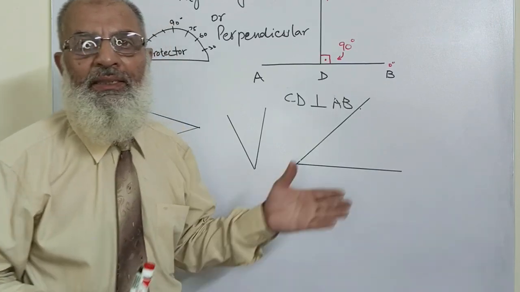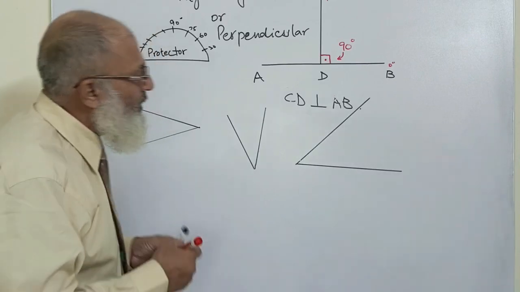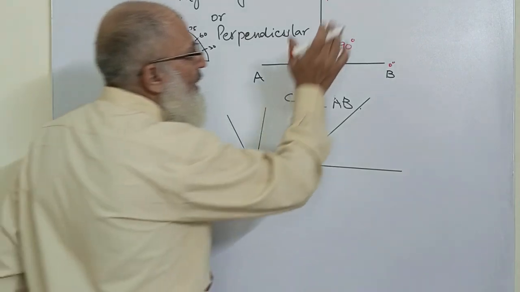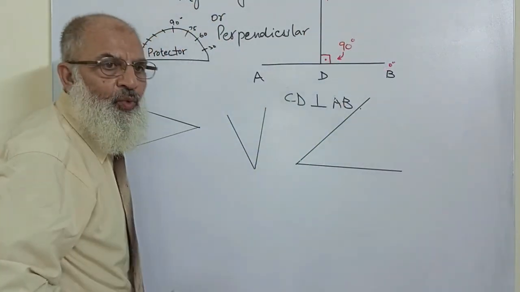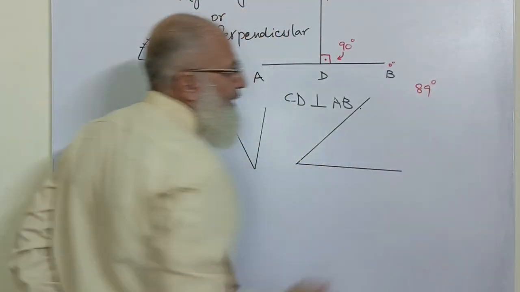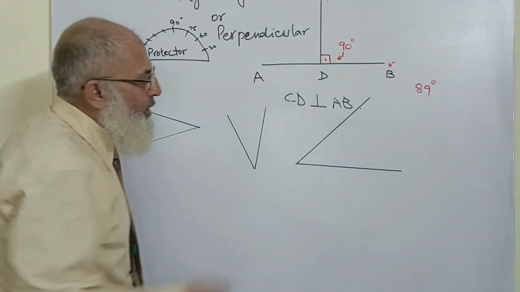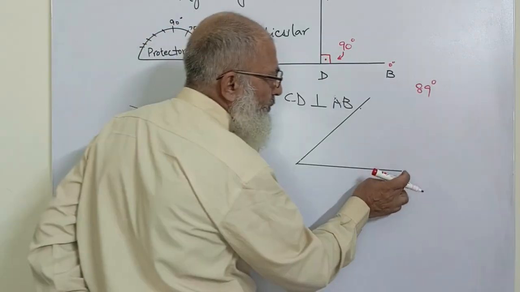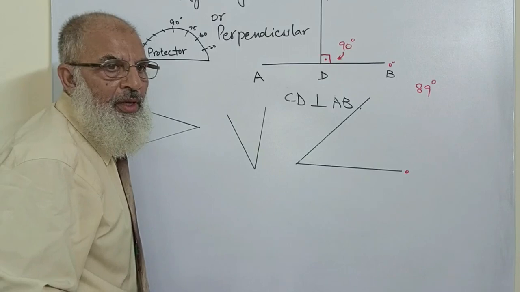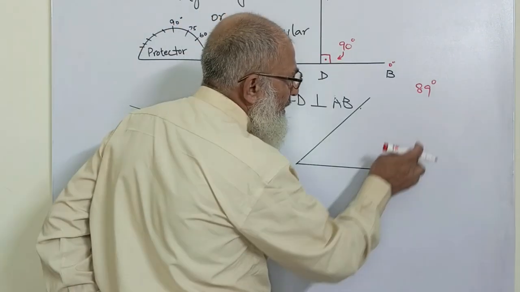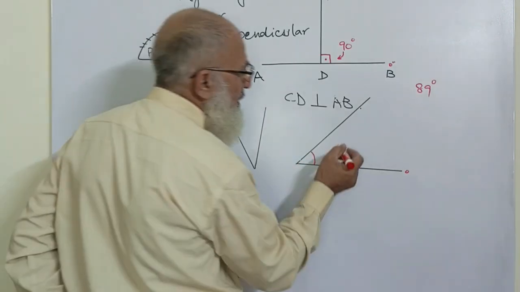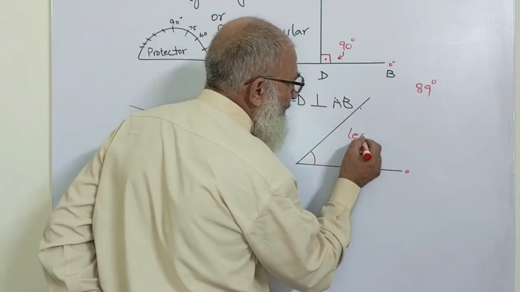So all the angles from 0 to 89 degree are called acute angles.